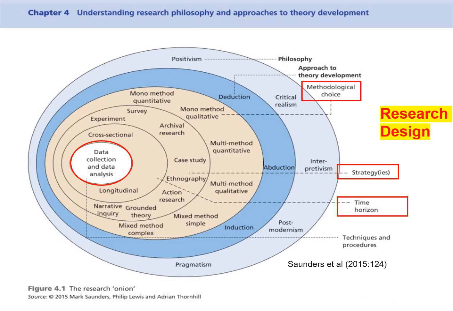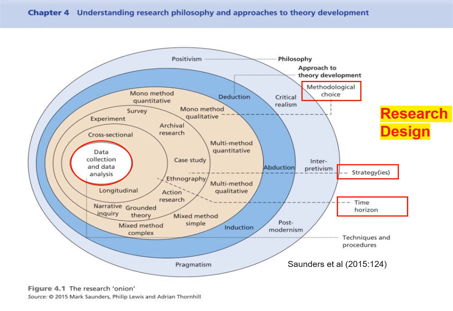So by now, this week we have looked into research design by referring to the methodological choices of a research, the strategies of research, and the time horizon adopted for research. These three main elements, the yellow layers of the research onion, really form the main research design, before we move on to the specific techniques or procedures used to collect and analyze data.